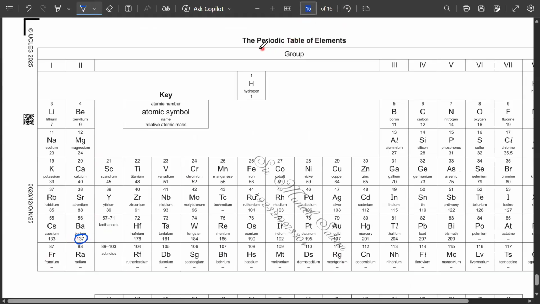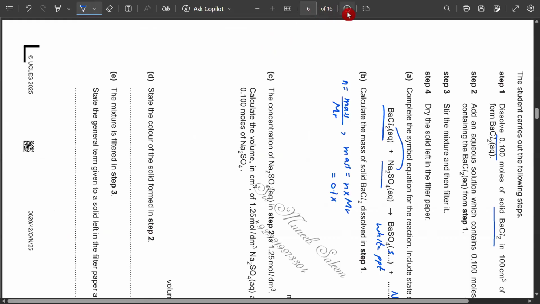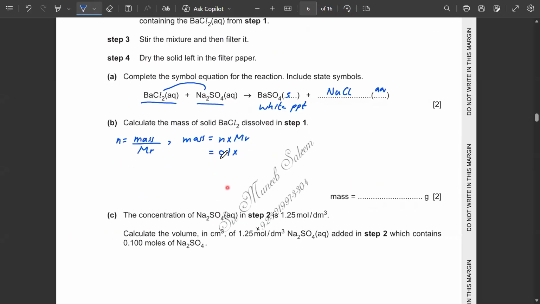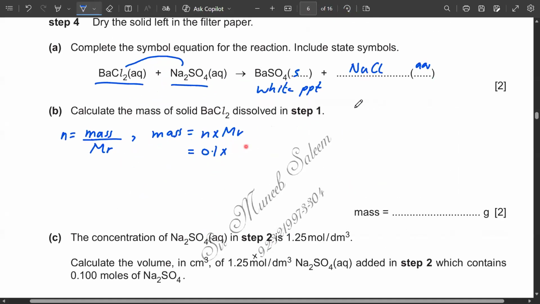So we go back to the question. 137 for barium plus chlorine mass is 35.5, and there are two atoms. So you will get a mass equivalent to 208. So this is equal to 208.